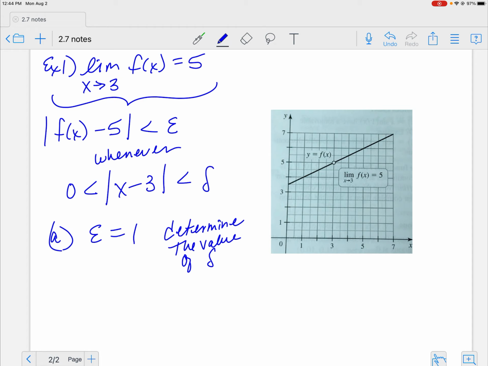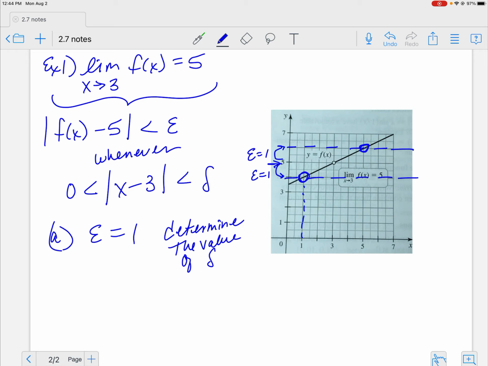So if 5 is my answer right here, and epsilon is 1, I follow my graph over when epsilon is equal to 1, and then you focus where it crosses my function. And that's my corresponding delta.